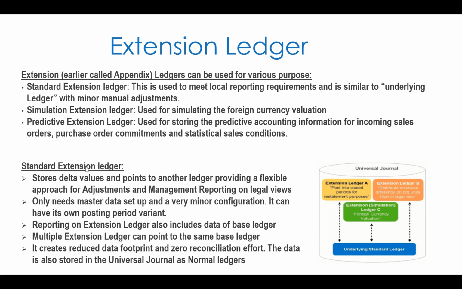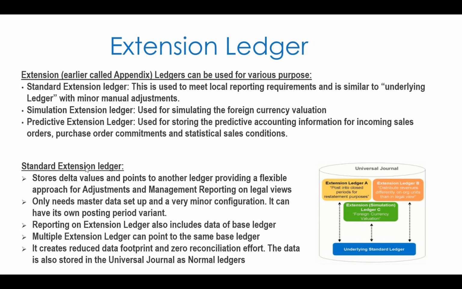Because it could cause some conflict with historical data and clearing and all different kinds of things. But the extension ledger is one of the ledgers that you can set up when you implement. It's so flexible that you shouldn't have these historical data issues, because as I said before, there shouldn't be any historical data in there. It should really just piggyback off whatever is in the leading ledger.